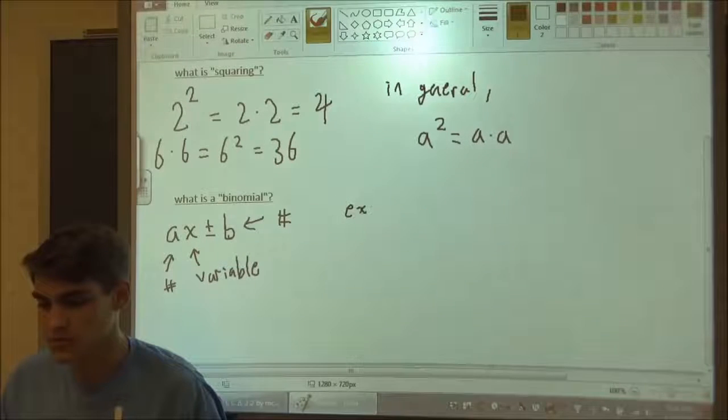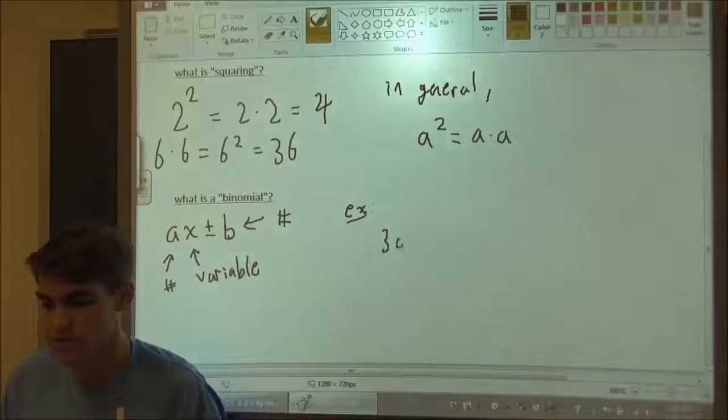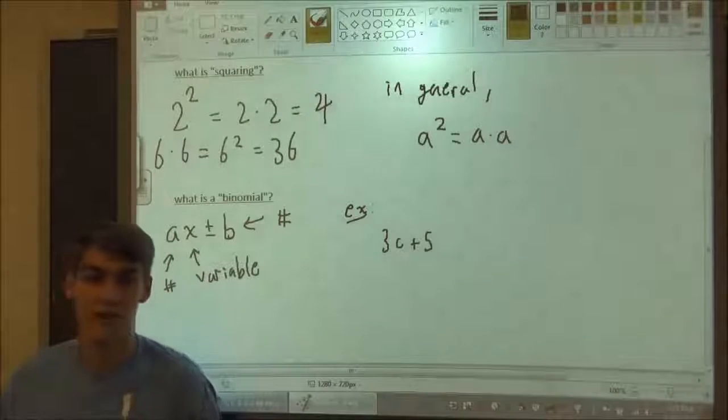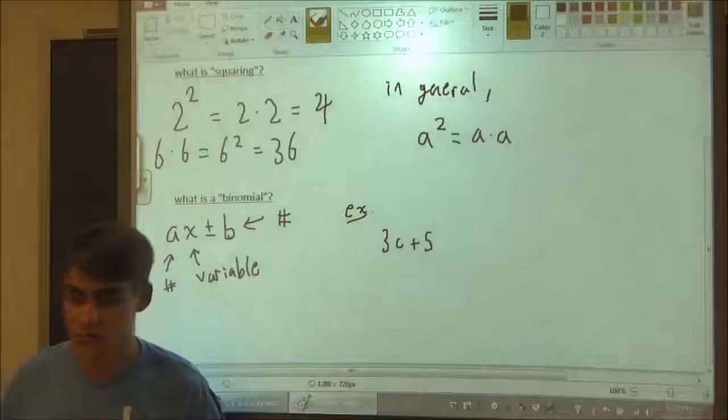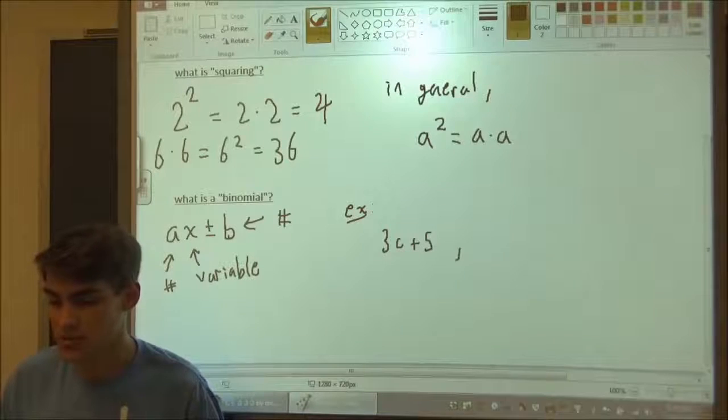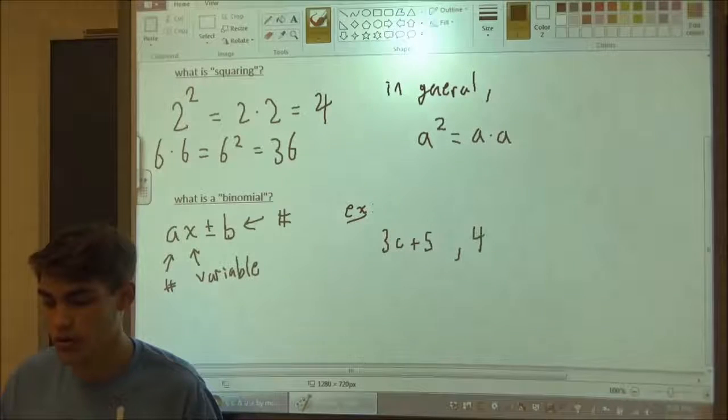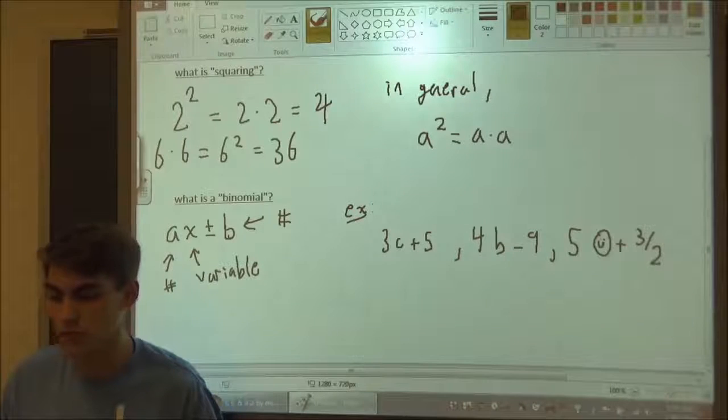Some examples would be 3c plus 5. The variable doesn't have to be x, it could be any sort of letter or symbol. So 4b minus 9 would also be one, and 5 smiley face plus 3 over 2 would also be a binomial.